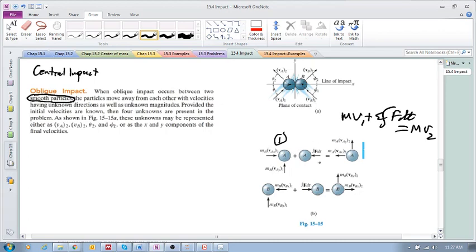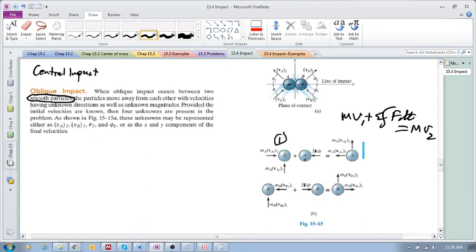Then it has an impulse that particle B applies to particle A. Now, what do you notice about this? It's going at an angle, but we're only considering an impulse in the horizontal direction. Where is the impulse in the vertical direction? That is a very key point that you need to take note of. Our assumption is that the particles are smooth.